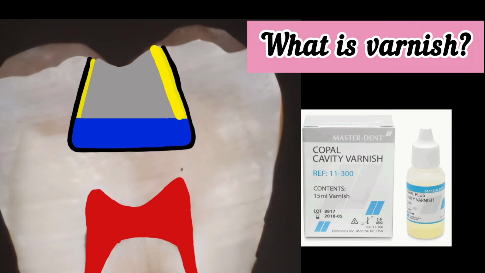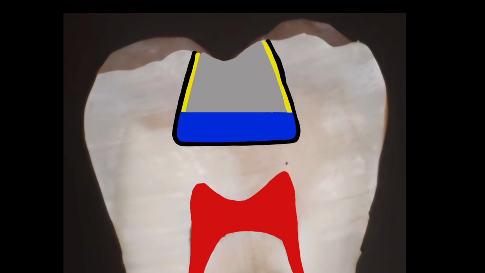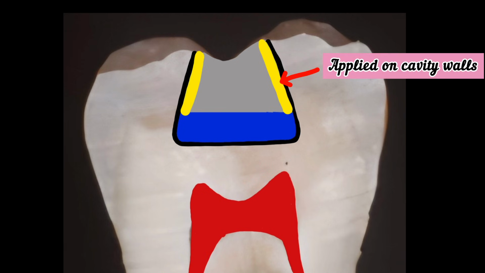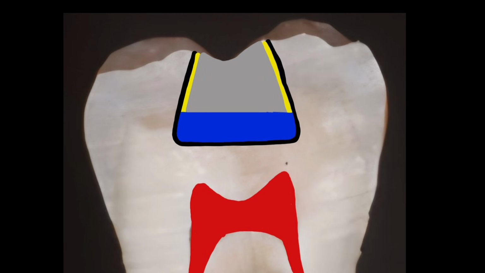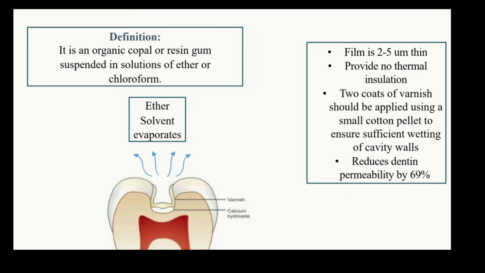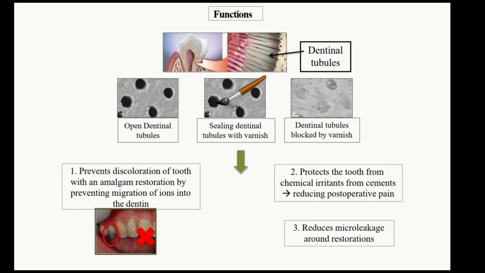And now, lastly, what is cavity varnish? Varnish is a material applied in a very thin layer on the cavity walls, and it forms a very thin film over dentine. So this film closes the dentinal tubules. Basically, it seals the dentinal tubules and reduces any sort of movement of fluids inside them.